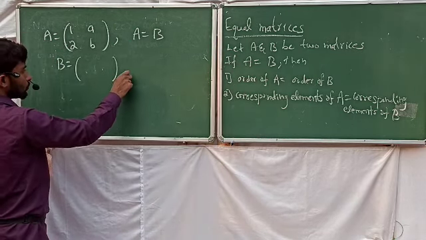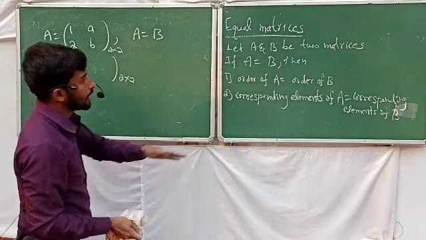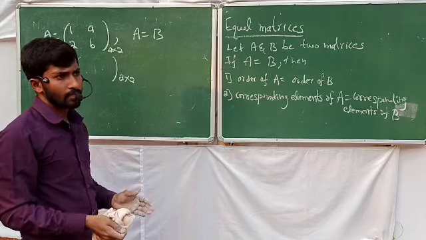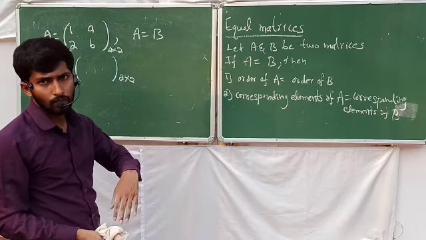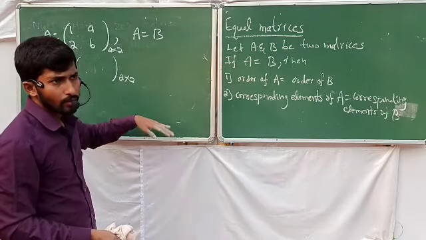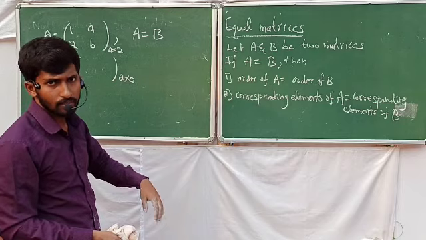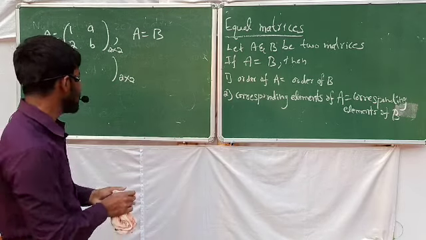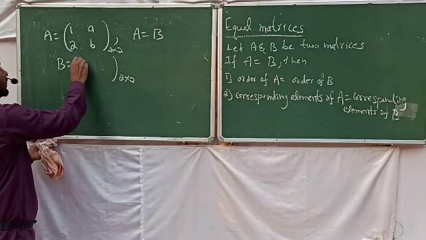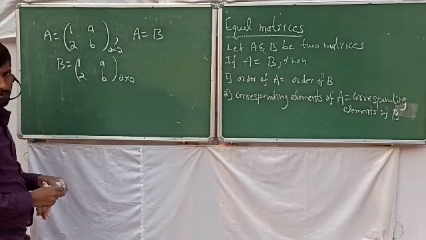The order must be 2 by 2 because here also the order is 2 by 2. Then corresponding elements: A11 is equal to B11, A12 is equal to B12, A21 is equal to B21, similarly A22 is equal to B22. That's the meaning of corresponding elements. Okay, so what's the corresponding element here? 1 a, 2 b. Now observe A is equal to B.